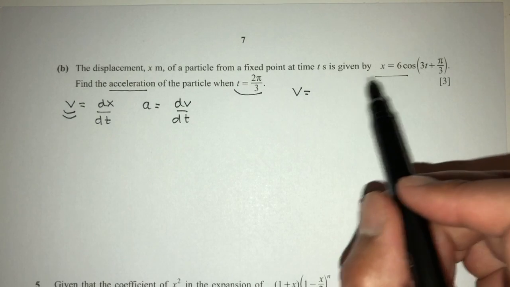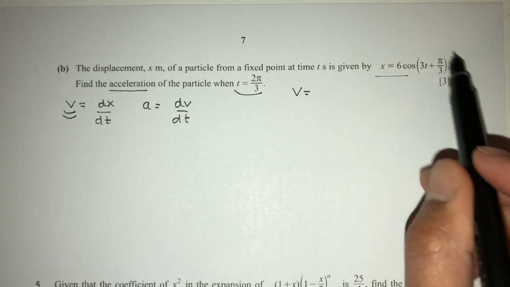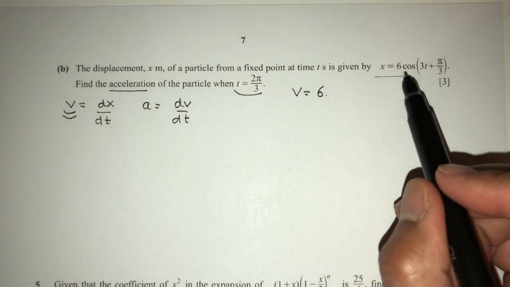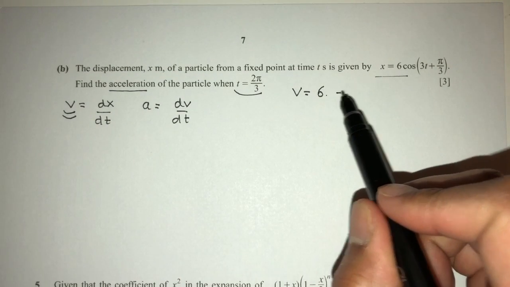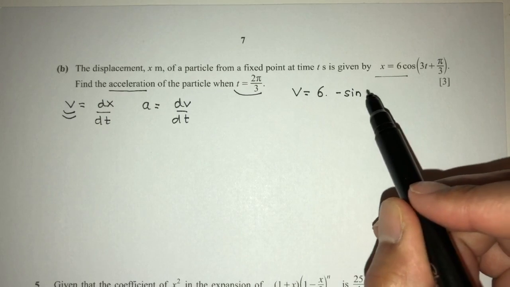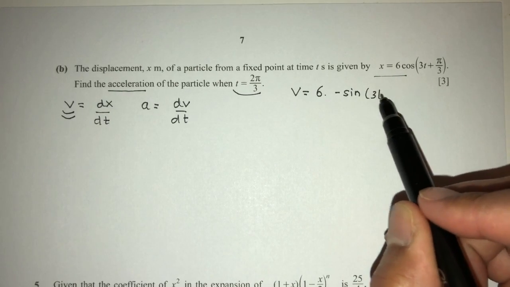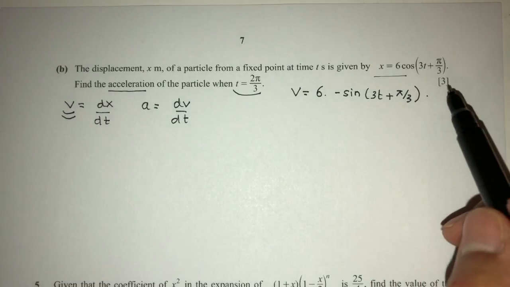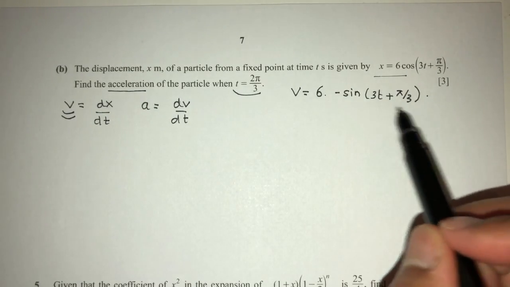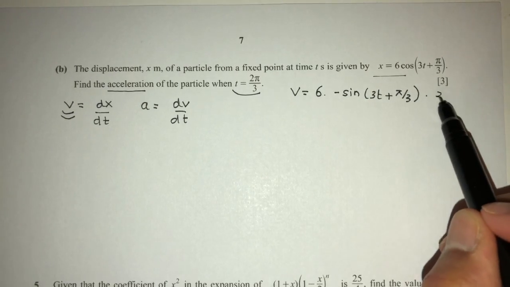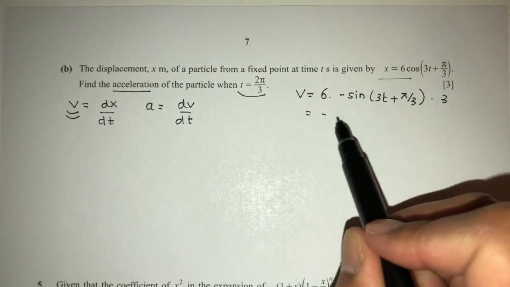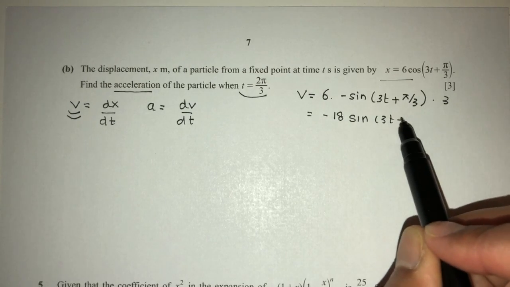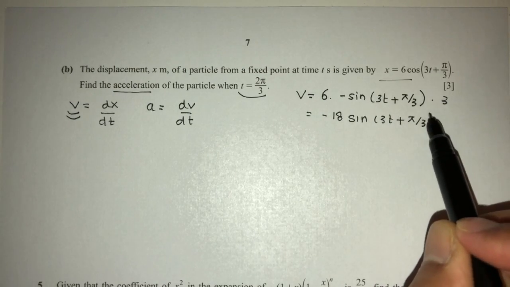Here we have x, so for dx by dt, we have to differentiate this function. So 6 will be 6, it is only a multiple. Cos will become what? Minus sine. Inside will be the same, right? And then we have to multiply by the differentiation of the inside of the angle, which is 3. It will be minus 18 sine of 3t plus this.